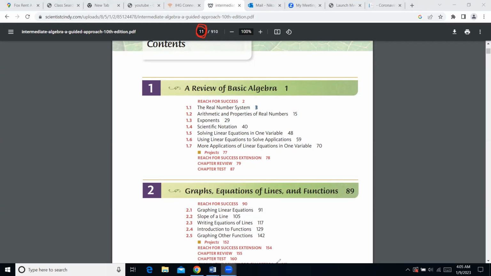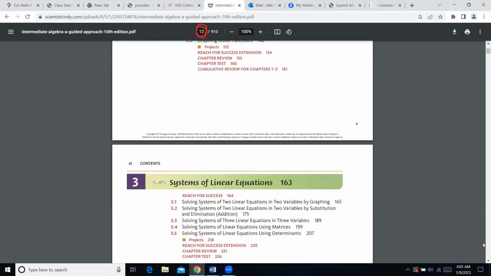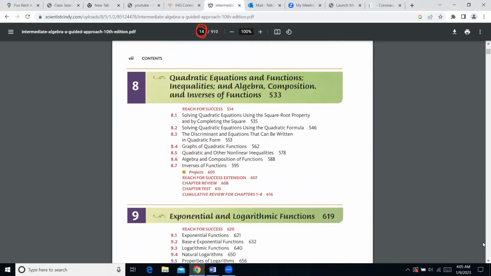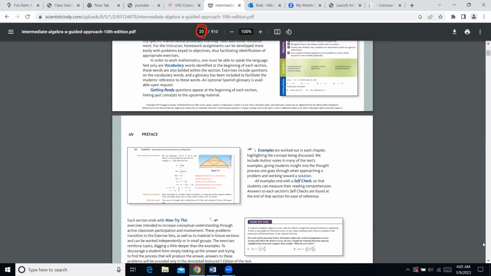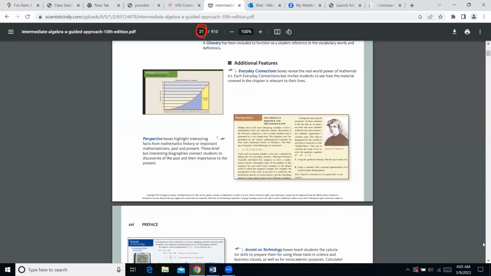It turns out you need to go to page number 3, so you can start with chapter 1. But if I keep scrolling down, the first pages didn't really count for some reason.